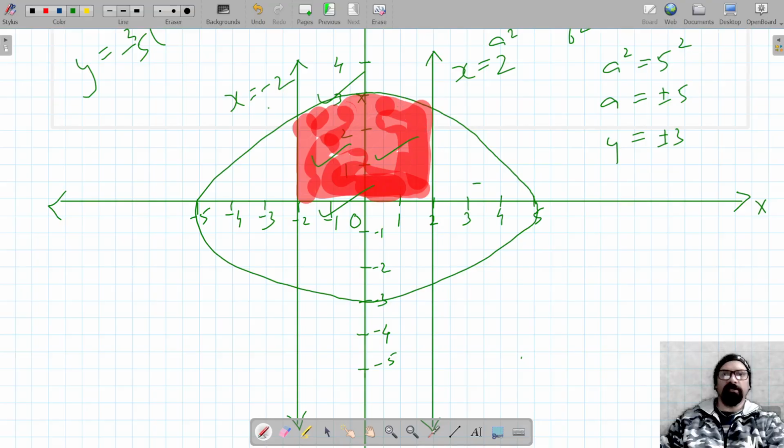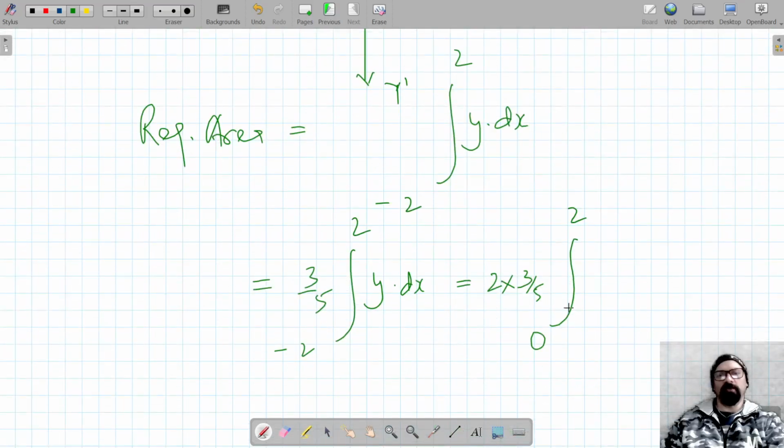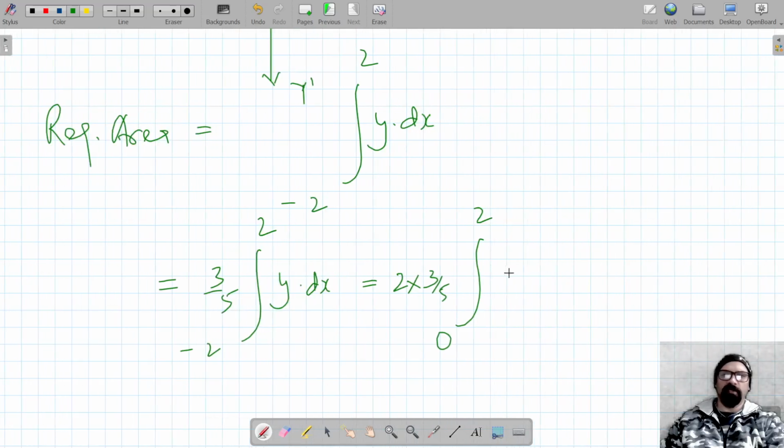This region is symmetrical to this region, so find the area of this region and multiply it by 2.